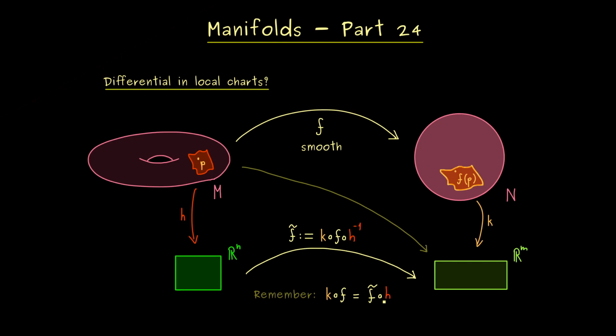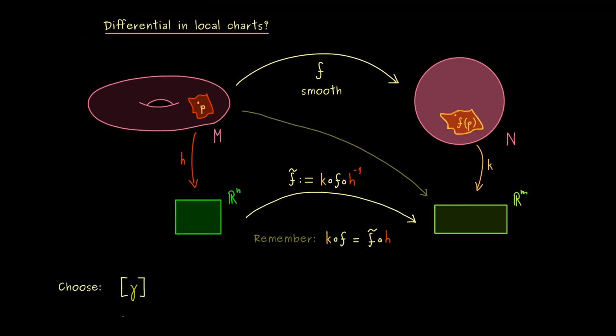And now what we can do is to look at the differential of this map there. And for that, let's choose an abstract tangent vector from the tangent space TPM. And then let's put that first into the differential dF and then the result into the differential dK. This means here in the inner part we have dFp of our tangent vector.